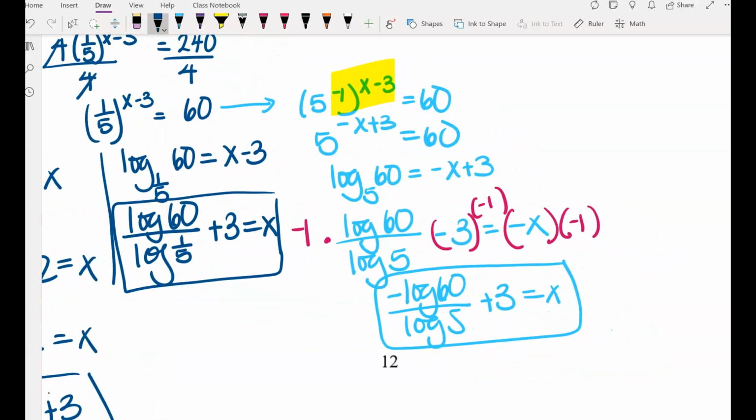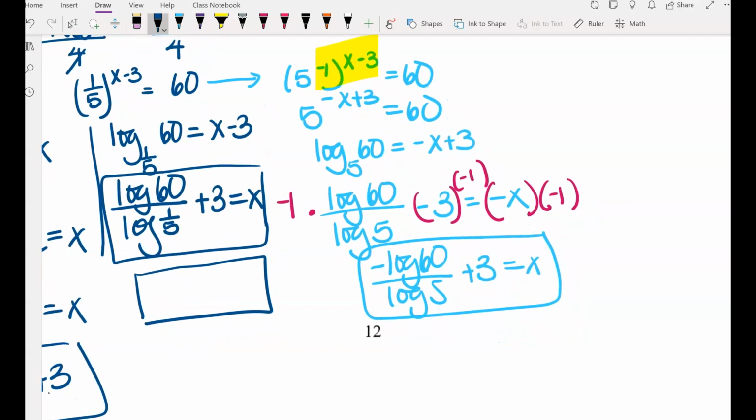I want you to use a calculator and find the answer to both. Remember, I want you to round to 4 decimal places. Okay, so hopefully you got 0.4560 for both, okay?